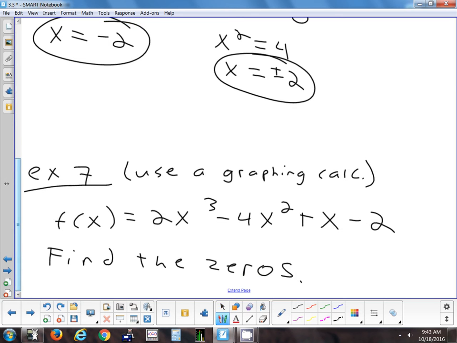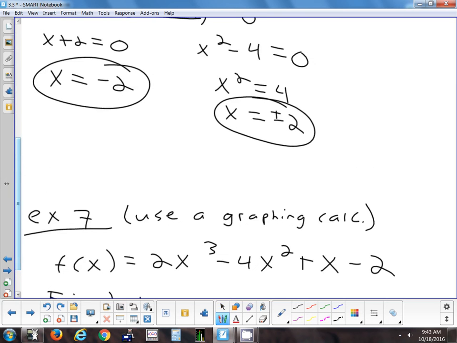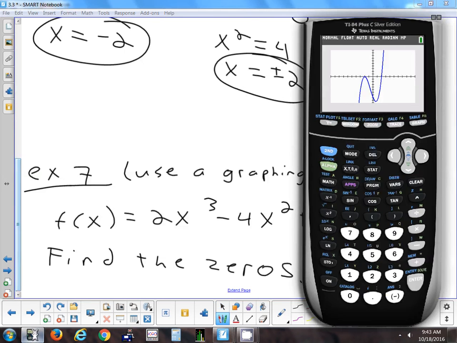Imaginaries. All right? So we don't know. We could have reals and imaginaries, or it could be like the last problem where we get 3 real answers and one's a repeat. Well, let's graph it and see what we get.